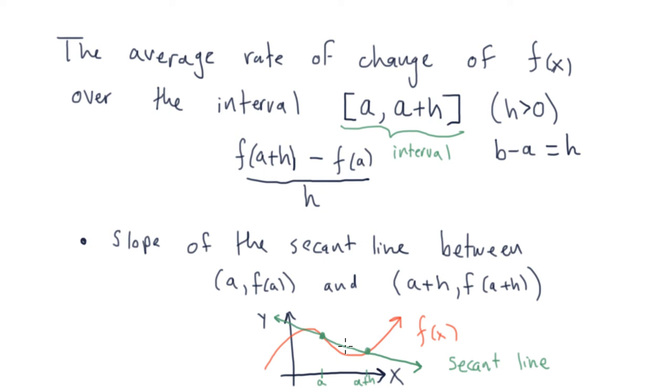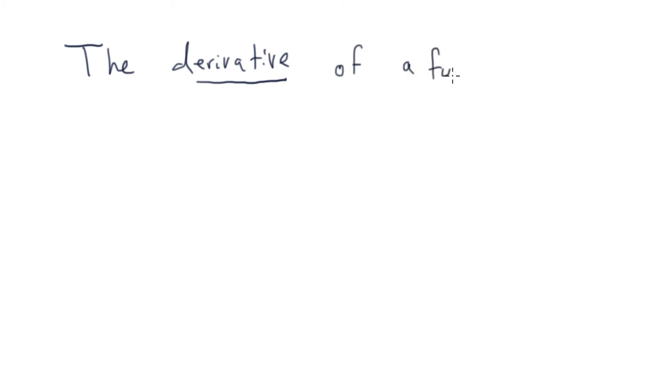Okay, so now that we've sort of reviewed, and I keep saying this word derivative, let me actually tell you specifically what the derivative is. All right, so the derivative of a function at x equals a.